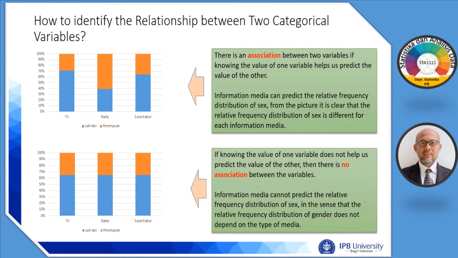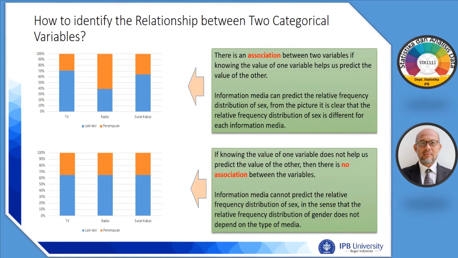For example, information media can predict the relative frequency distribution of sex or gender. From the picture, it is clear that the relative frequency distribution of sex is different for each information media. So that means there is an indication of association between the two variables.